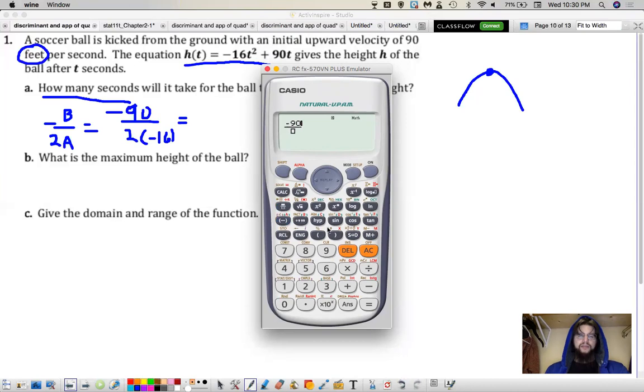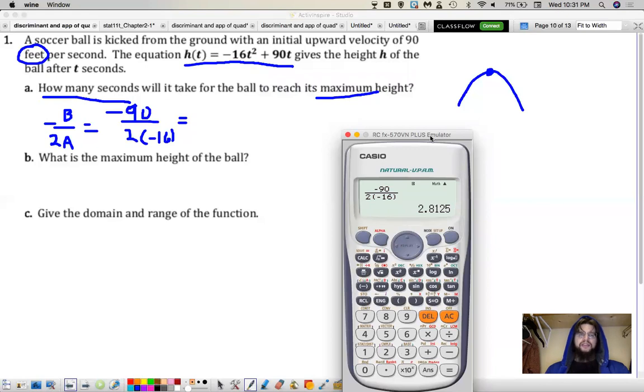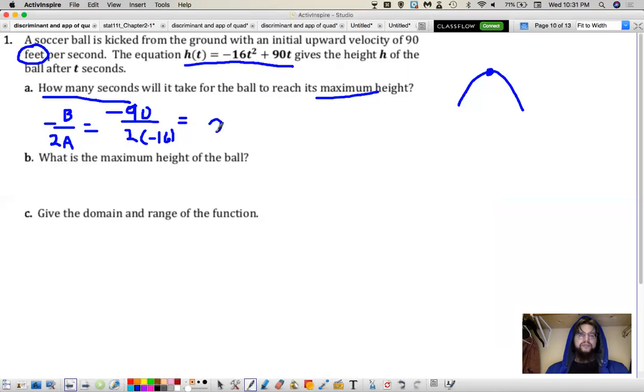Negative 90 over 2 times negative 16. And we get 45/16. This is the one time we're going with decimals, people. Whenever we're dealing with measurements or monies, we got to round. Okay. So how many seconds? 2.8125.